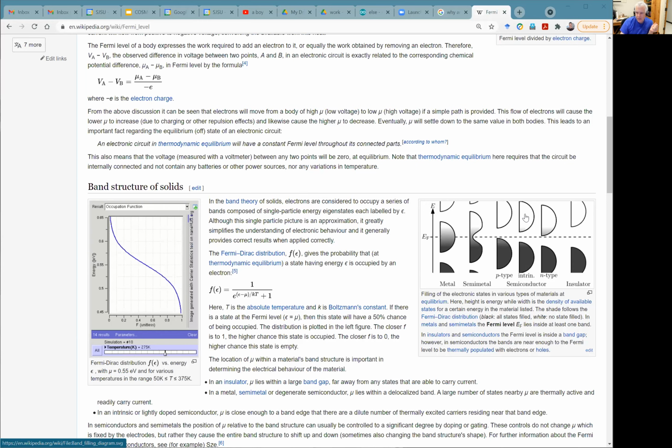So this is a metal. This is an intrinsic semiconductor, right? What's the difference between the intrinsic semiconductor and the insulator? Bigger band gap. Bigger band gap, exactly. That's all, really.